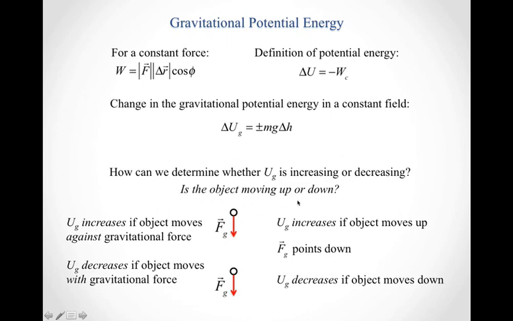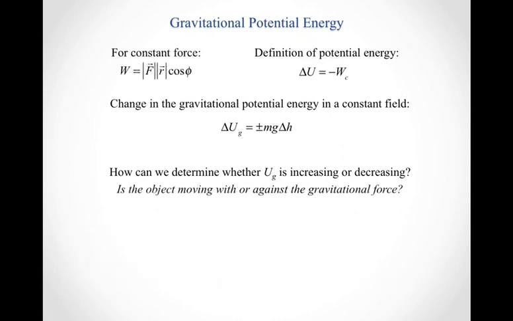Instead of asking, is the object moving up or down, it looks like what we want to ask is, is the object moving with or against the gravitational force? If your object is moving with the gravitational force, then the gravitational potential energy will decrease. If the object is moving against the gravitational force, then the gravitational potential energy will increase.